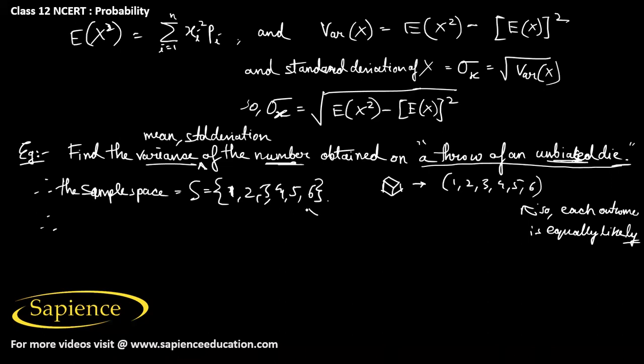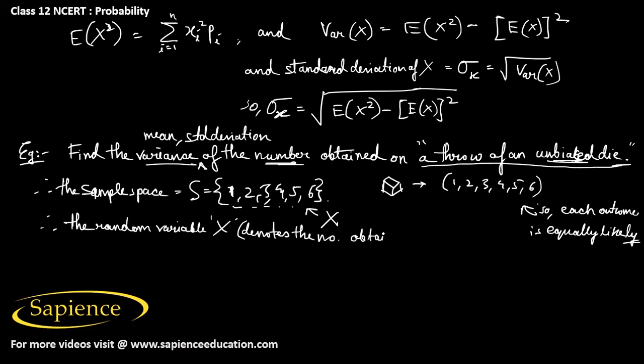It means the numbers which are obtained are only the values of the random variable x. So the random variable x in this case denotes the number that is obtained on the die.